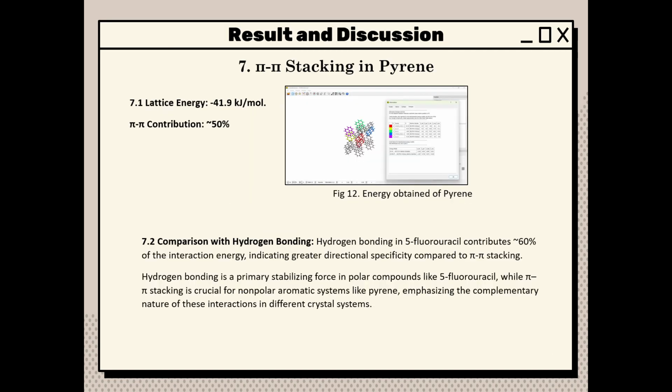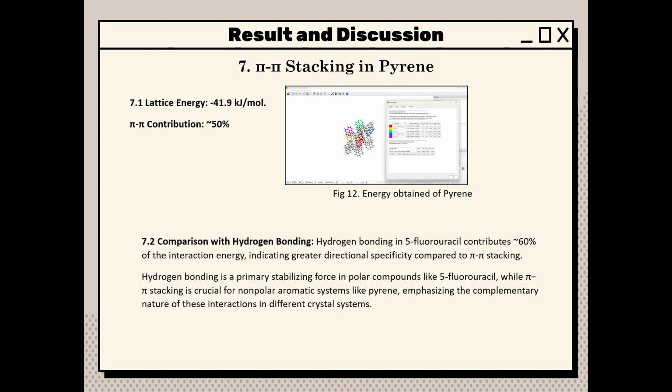Here I analyzed the pi-pi stacking interactions in pyrene. The lattice energy was calculated as minus 41.9 kilojoules per mole with pi-pi stacking contribution of about 50% of the total interaction.